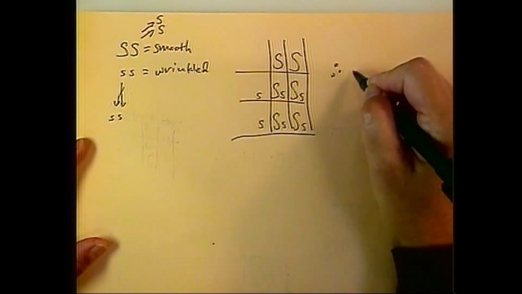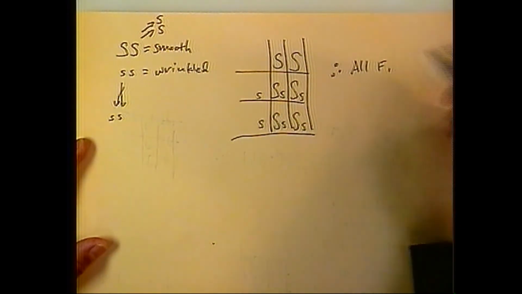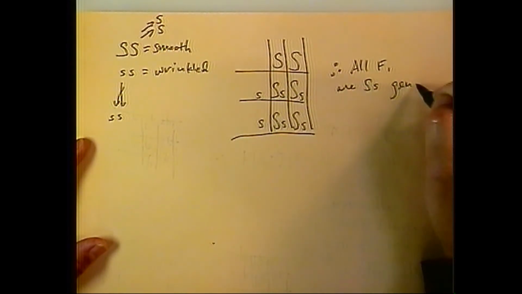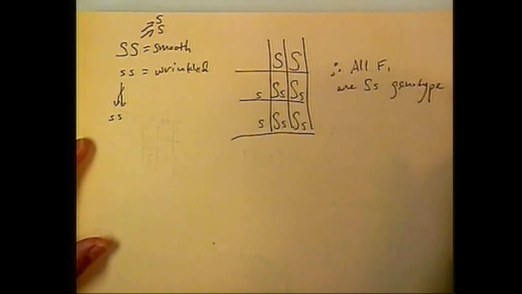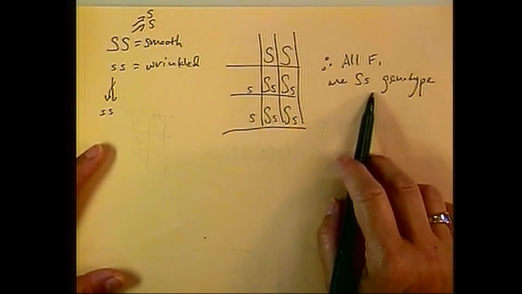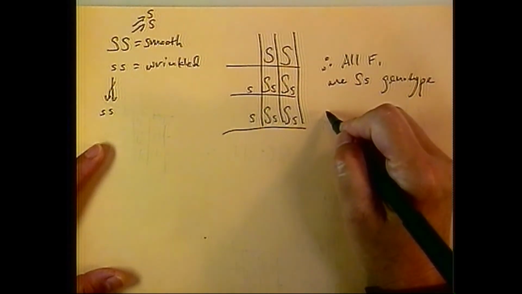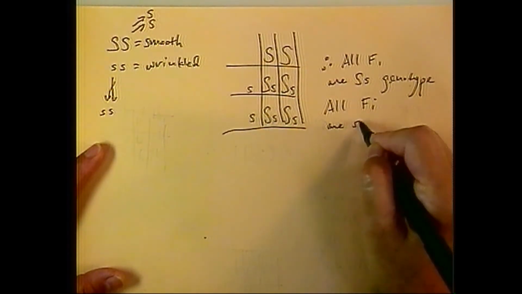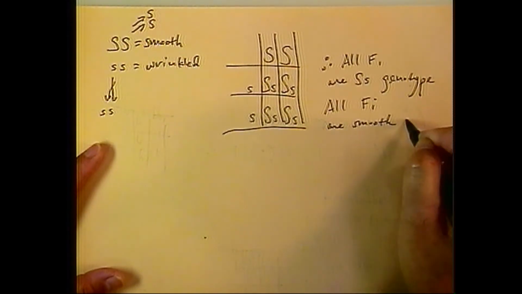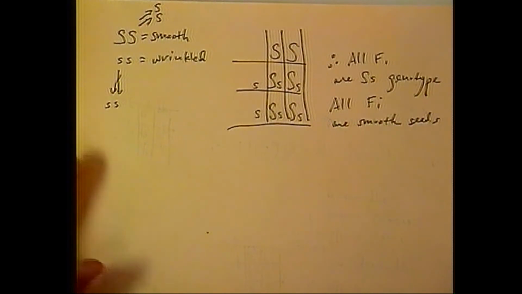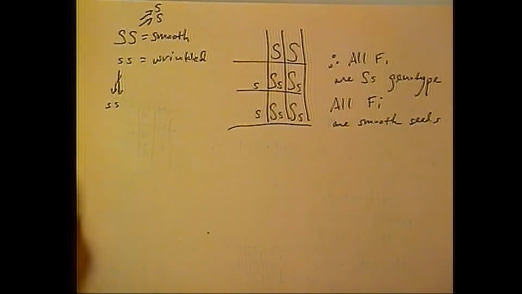Therefore, all F1 are this kind of genotype: uppercase S, lowercase s. They're heterozygous, right? Heterozygous. And all F1 are smooth-seeded, have smooth seeds. Okay, that's part 1. So you're actually showing how the F1 comes about.